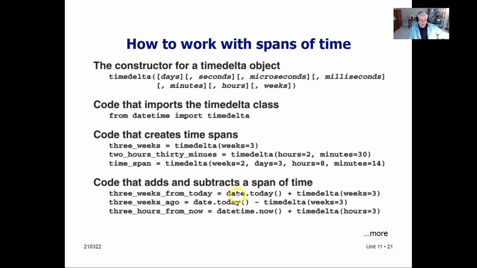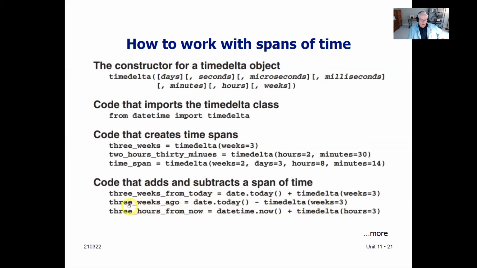So from the date class, we have the today method, which creates an object. So we want to add time delta weeks equal 3 to it. So notice we don't even have to convert these to objects. We can do it with the methods and add them and create a new object here. That is so cool. Here's one for today. We want to subtract the time delta of 3 weeks.